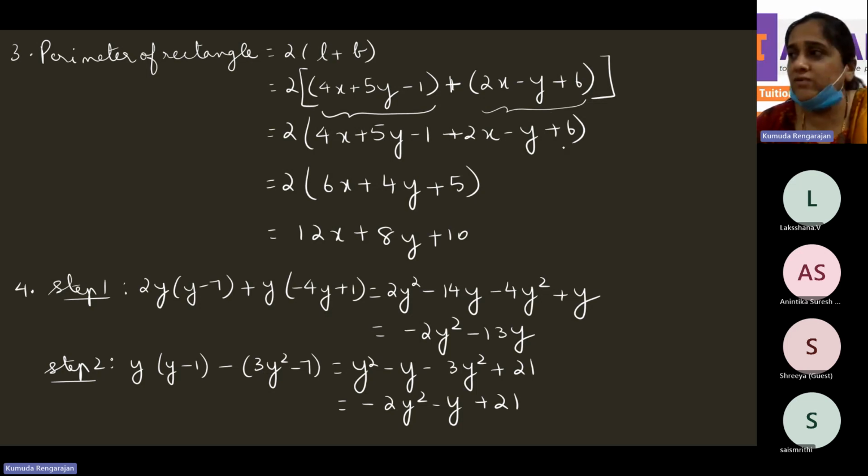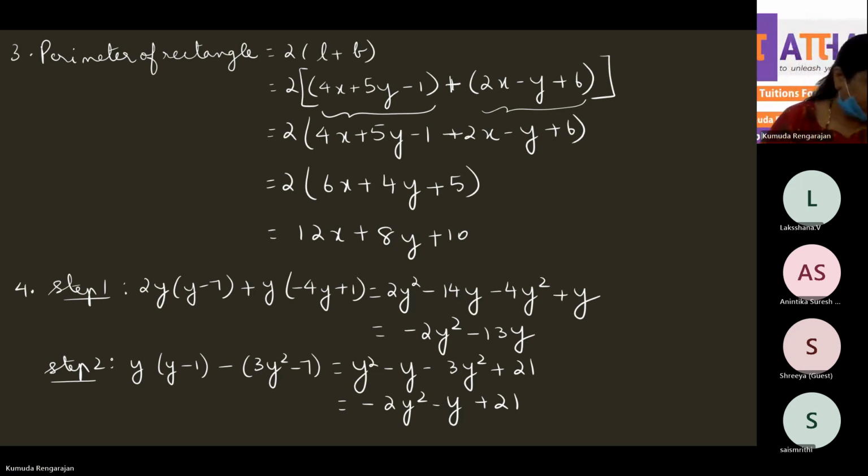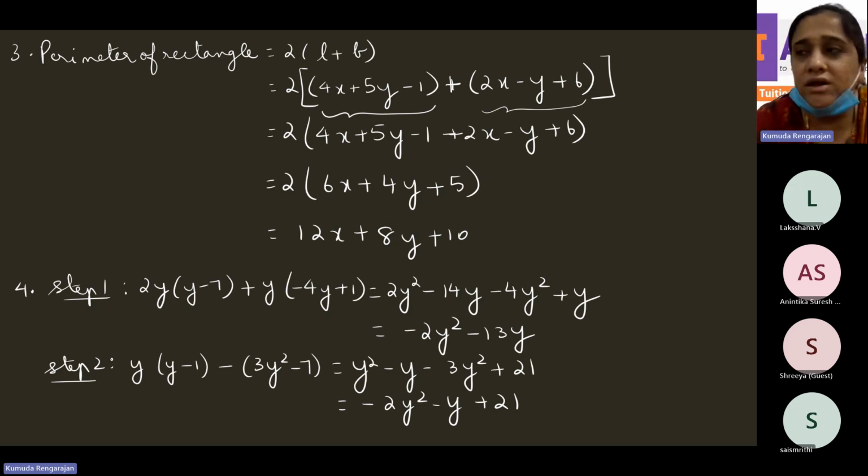So plus 2x minus 5 plus 6, correct? Then simplifying the like terms and multiplying with the 2 outside, you get 12x plus 8y plus 10. And the second one is important in the sense of the order in which you subtract.